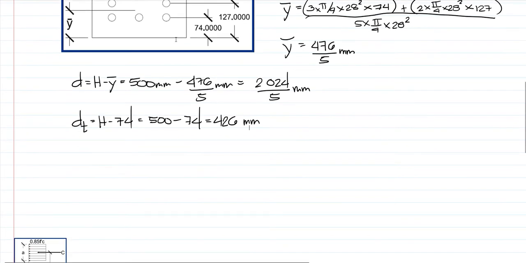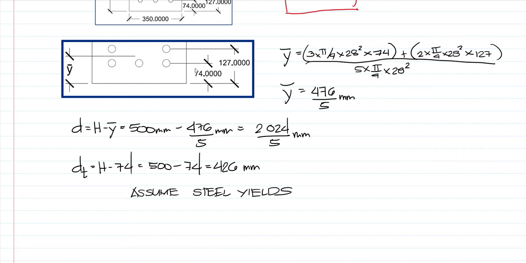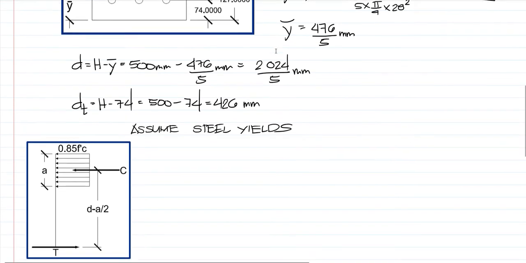So syempre, we will always assume that steel yields. Then after assuming that steel yields, we can get the stress diagram.